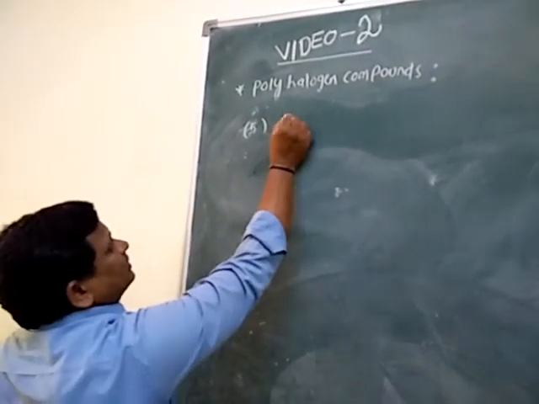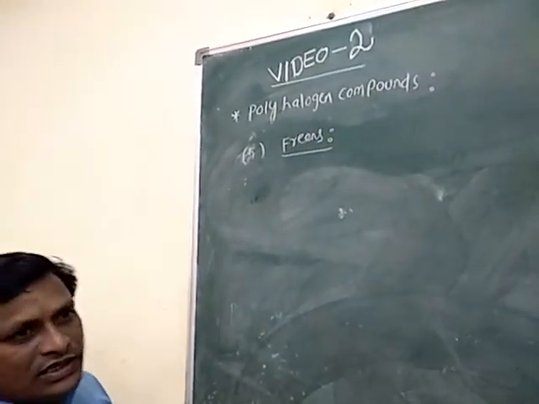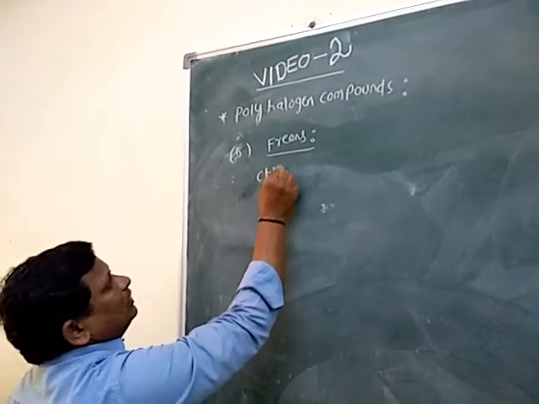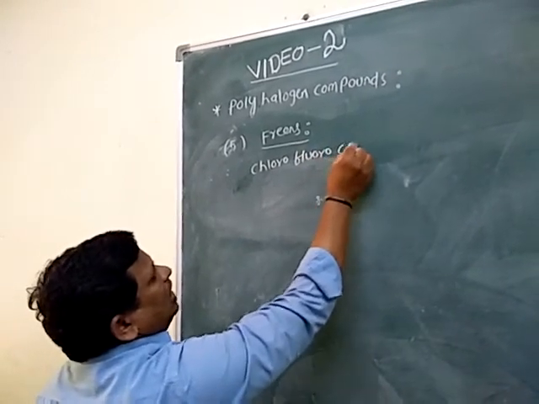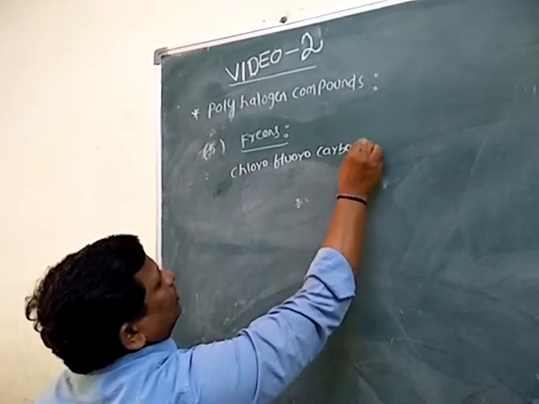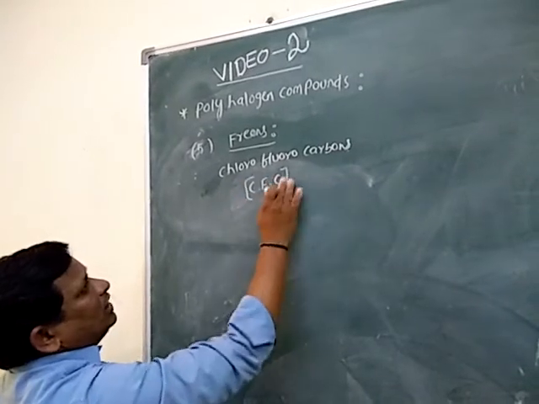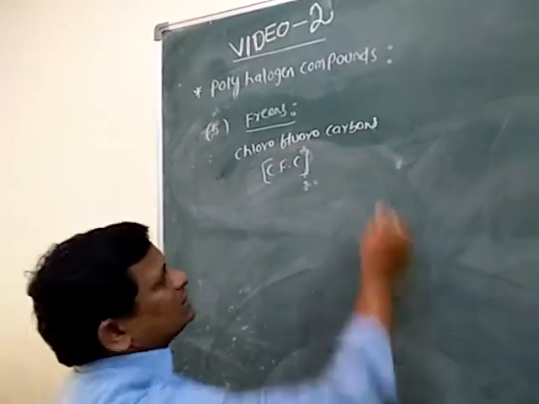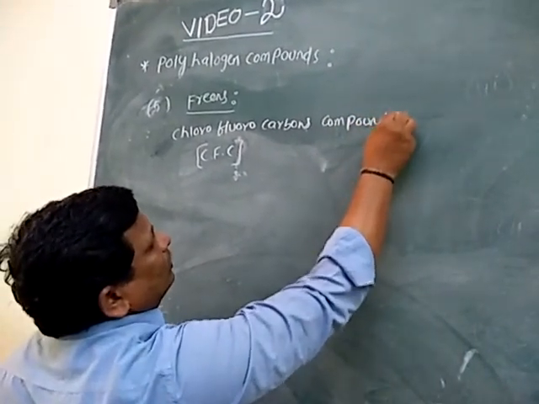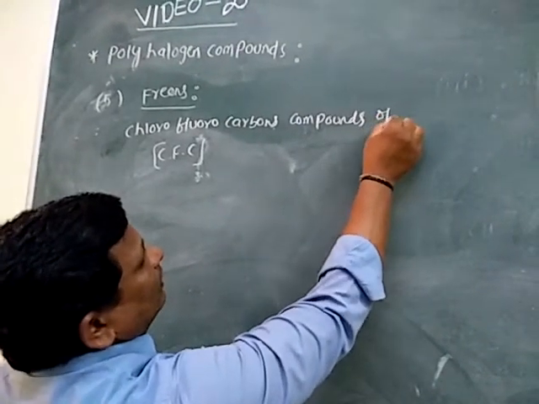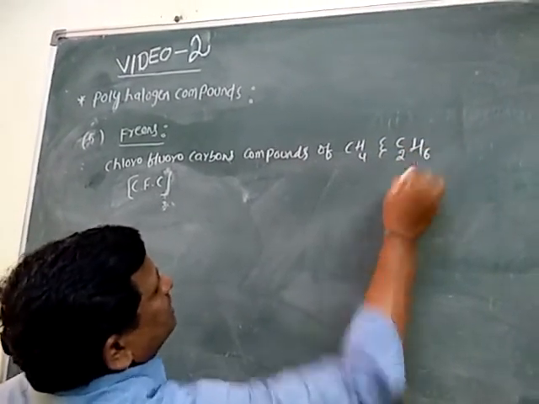Prions are chlorofluorocarbons, or CFCs. These are fluorocarbon compounds of methane CH4 and ethane C2H6.